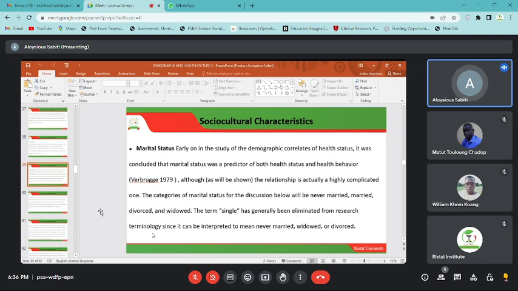If someone is never in union, the possibility that this one will get a sexually transmitted infection may not be the same as those that are married, unless this one is cohabiting, or is engaged in sexual intercourse outside a relationship, or what people call unconsciously.